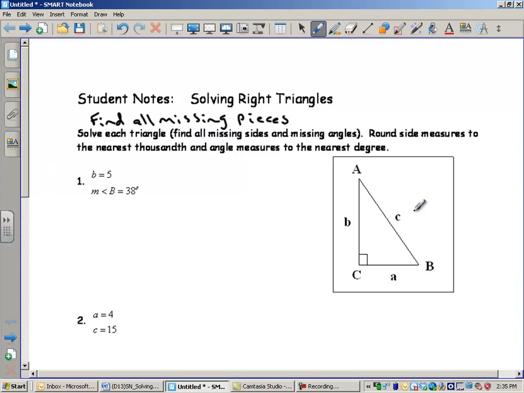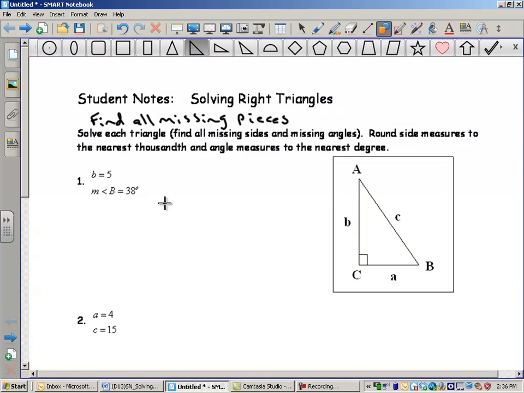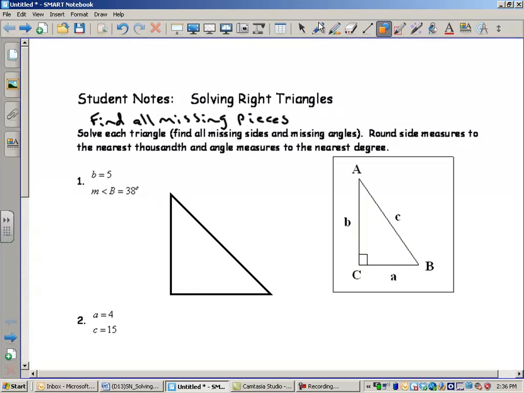We're going to use this picture over here, and I'm just going to pull another one out over here so I can label it. I am given that we're going to put angle A here, angle B here, and angle C here. We are going to label angles with capital letters, and the sides, by convention, which should be your convention as well, will be lowercase letters, and they will be directly across from their angles.